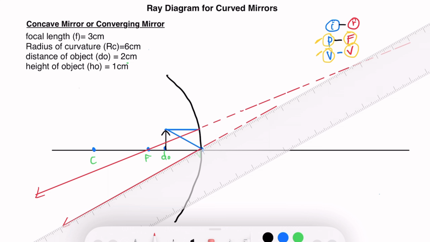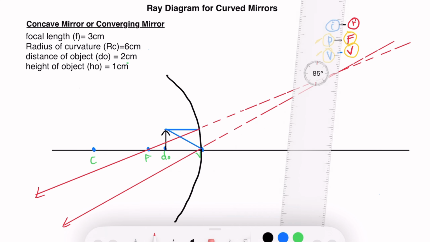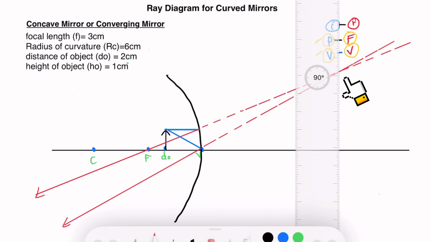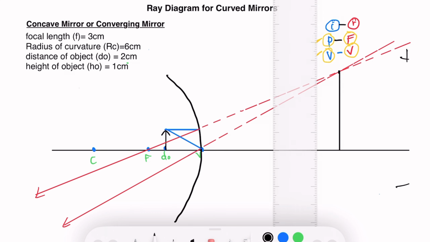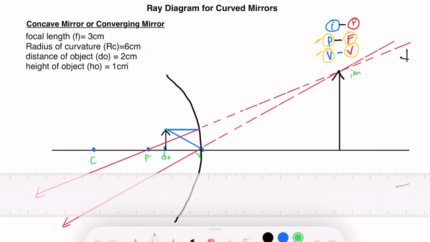And you notice that the virtual reflected rays came from an emerging point at this point here. Again, this is positive, this is negative. If the converging can be seen at the negative side, therefore you have to draw an upright image.